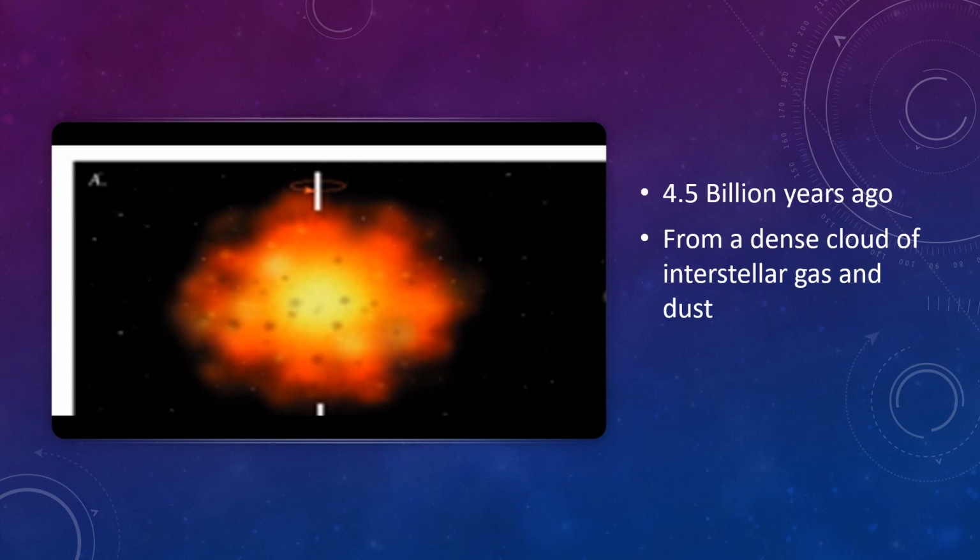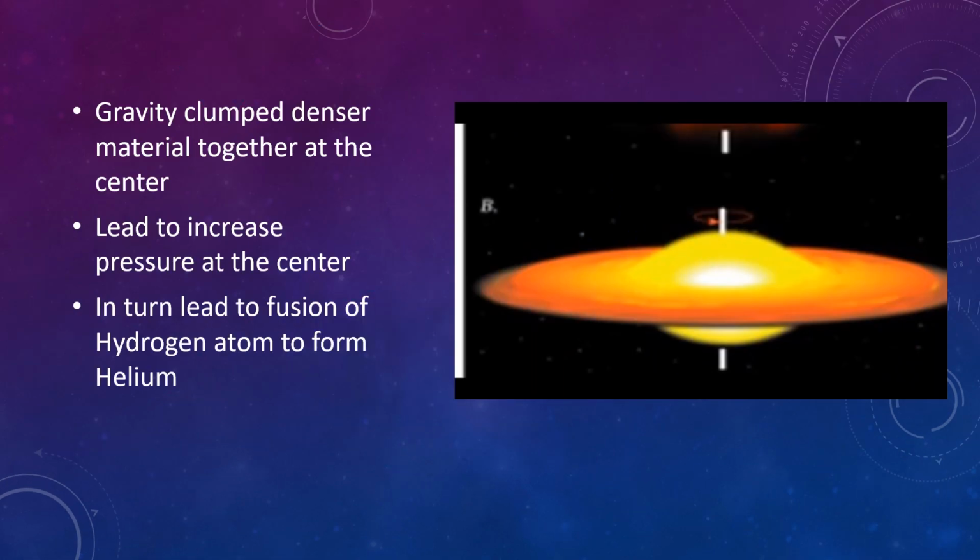It all started 4.5 billion years ago from a dense cloud of interstellar gas and dust. A shock wave produced by a nearby star made the dust cloud collapse to form a solar nebula. Due to gravity, denser material clumped together at the center of the solar nebula.